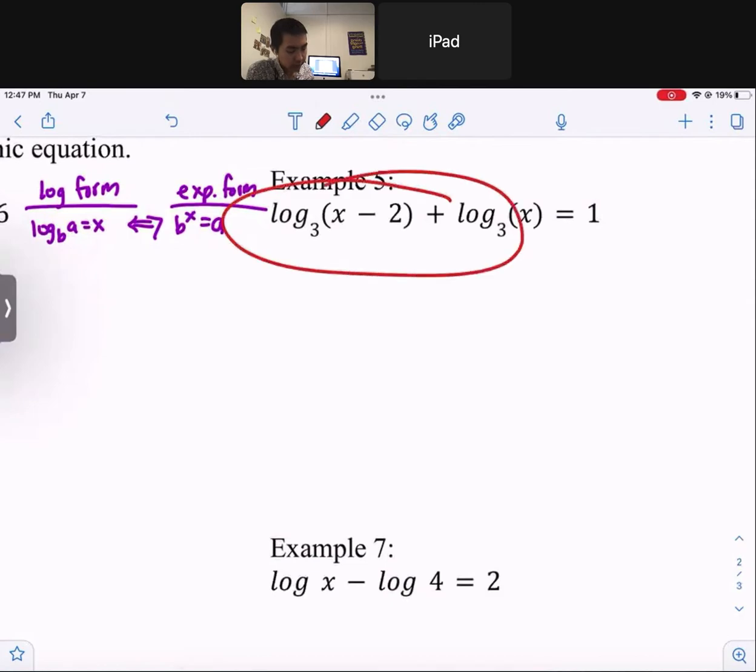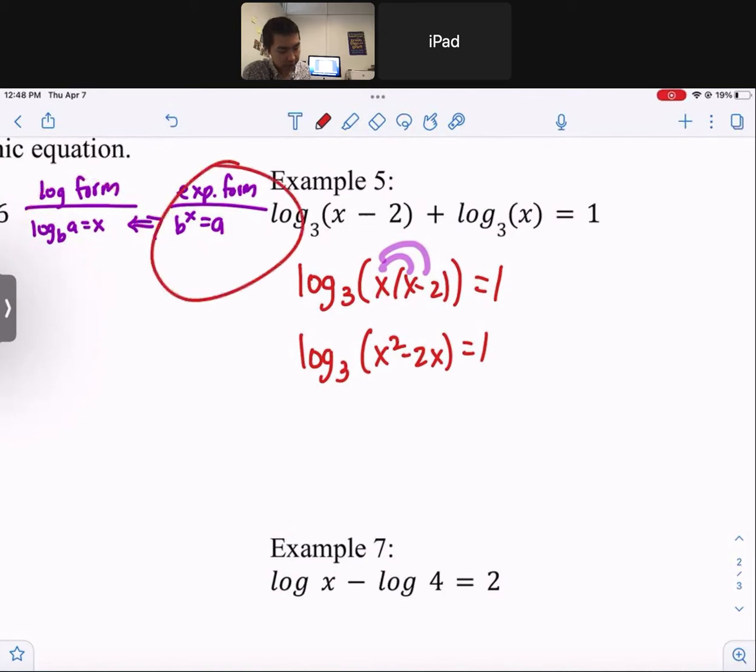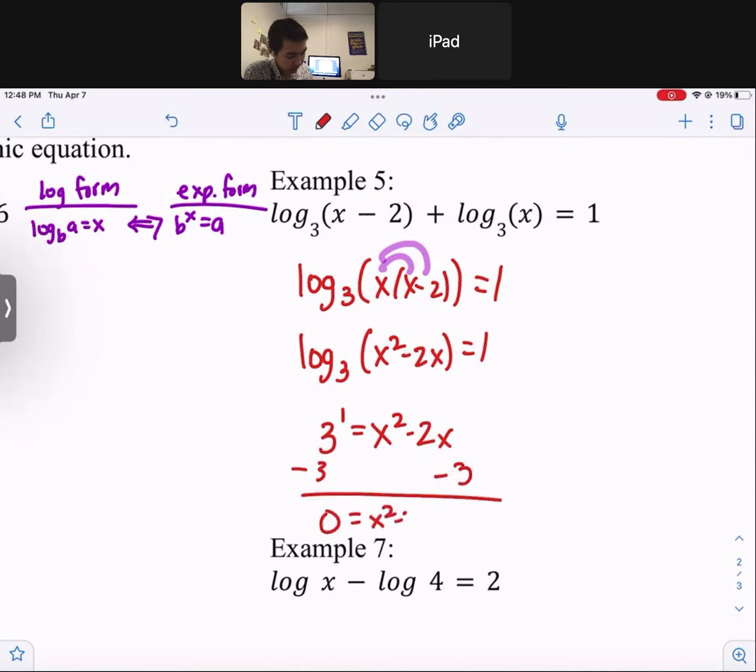Okay, so this definitely looks like 1 log that's going to be equal to a number, so we're going to have to convert it from log to exponential. So condense this, so log base 3, since it's plus, we multiply this times this. x times x minus 2 equals 1, so we're going to do some simplification there. x squared minus 2x equals 1, and now, since it's in log form, we have to convert it to exponential. 3 to the first power equals x squared minus 2x, and then subtract 3 from both sides. 0 equals x squared minus 2x minus 3.